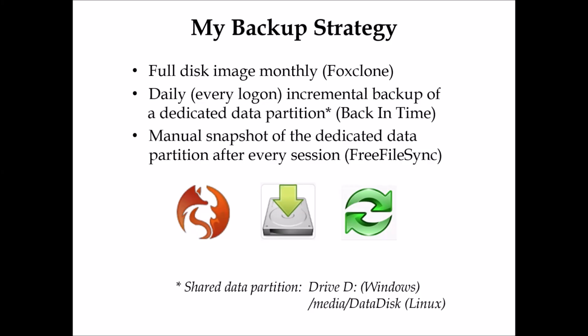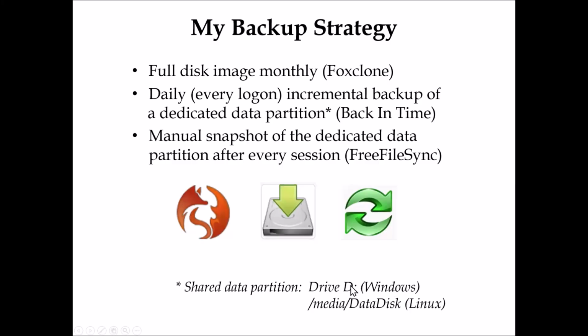So if I ever have a problem, I can restore the most recent monthly full disk image backup. I can run the system update process to update the operating system, and then I run FreeFileSync again and synchronize the current version of my data files to the recovered version and bring the recovered version up to date in terms of all my data files.